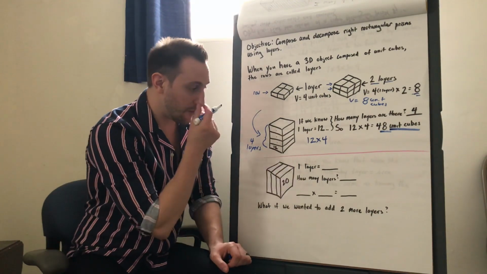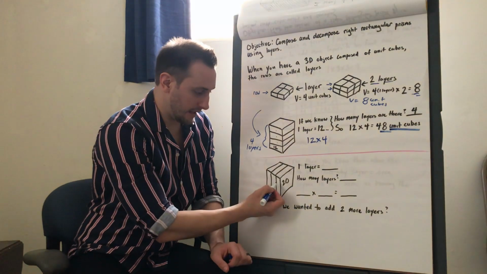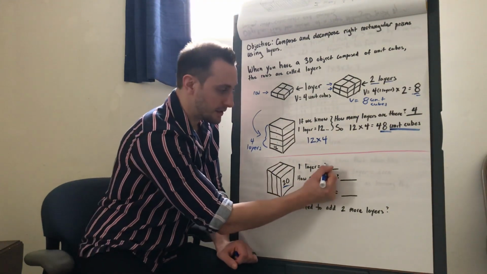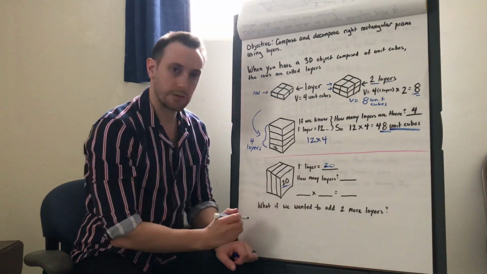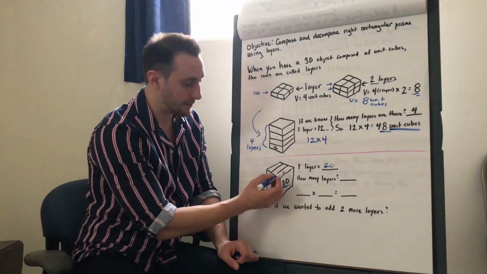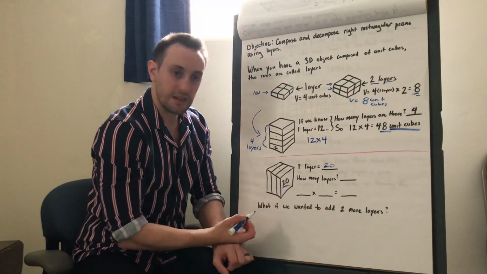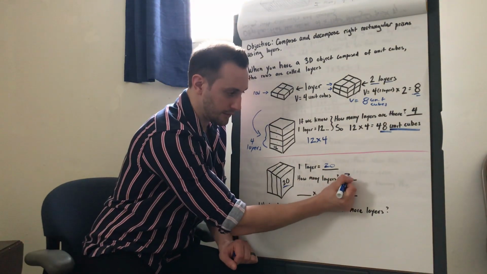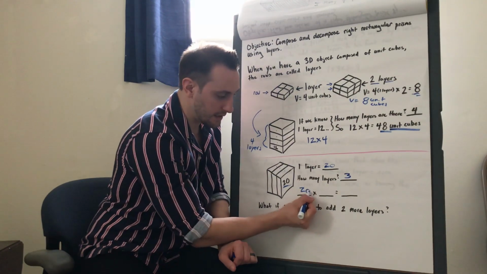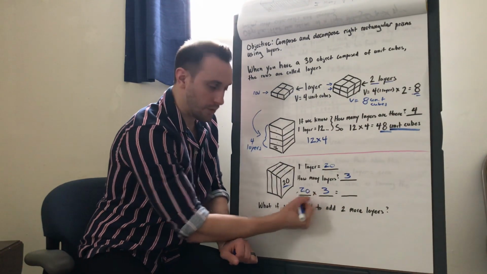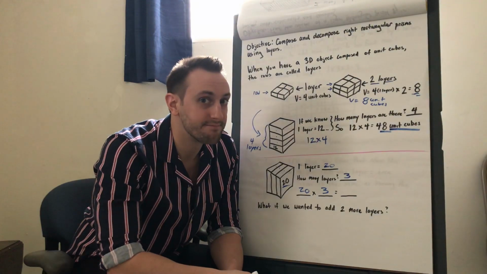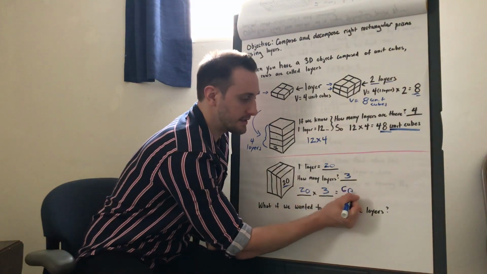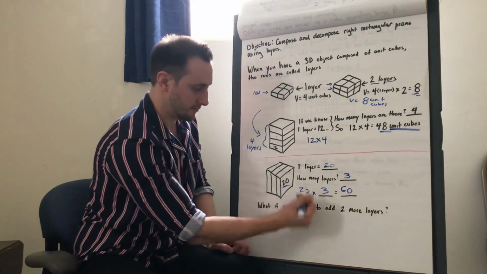If I have one layer, how much is one layer? Well, it tells me right here. One layer is 20. Well, how many layers do I have? 1, 2, 3. To find the volume, I do 20 times 3, which is 60. 60, what?